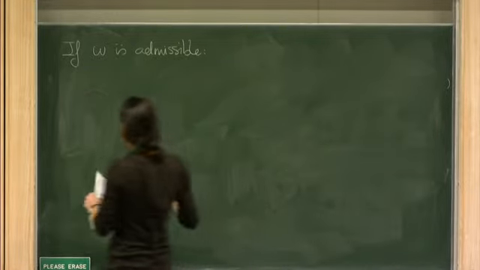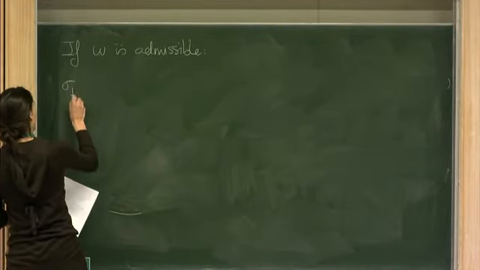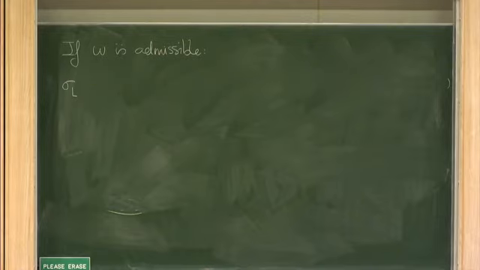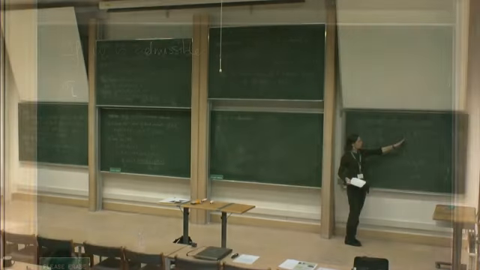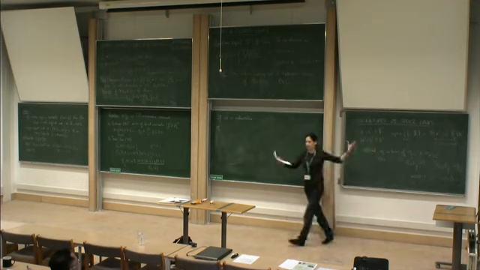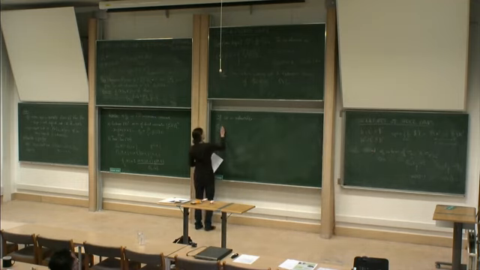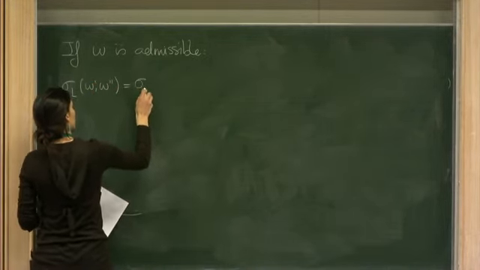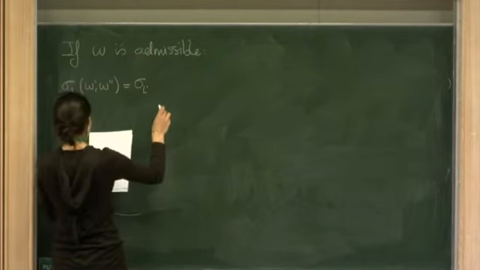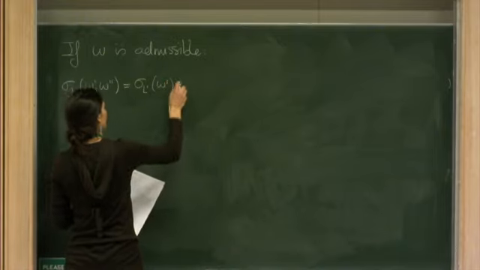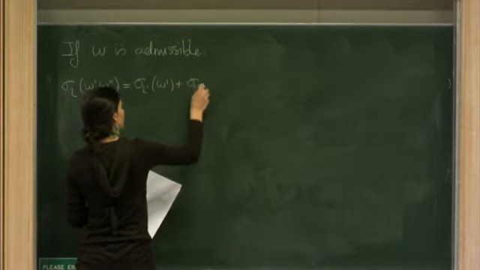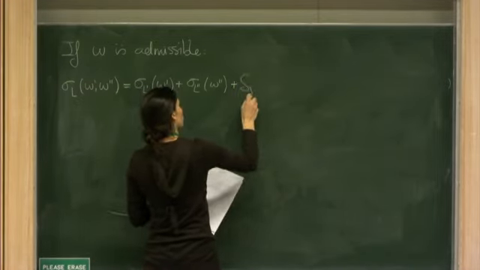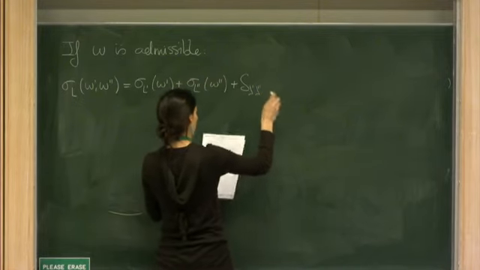Then what happens is that the signature of my link L, which I remind you is just L prime union L prime prime, has some set of omega variables, omega prime here and omega prime prime there, that are established from the whole problem. So if I want to evaluate this, the formula reads: it's the sigma of the first part in omega prime plus sigma of the second part in omega prime prime plus a correction term that is always there and has nothing to do with the slopes.